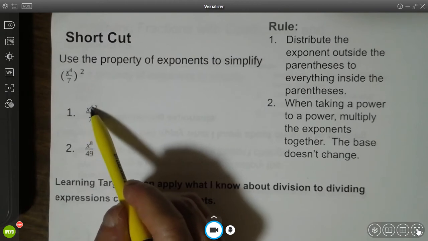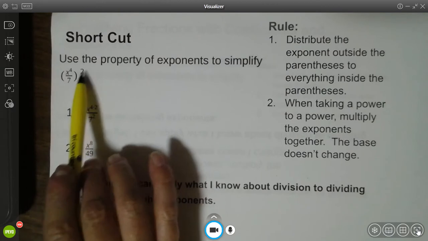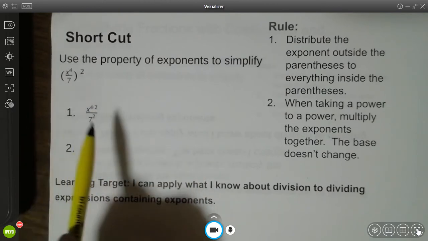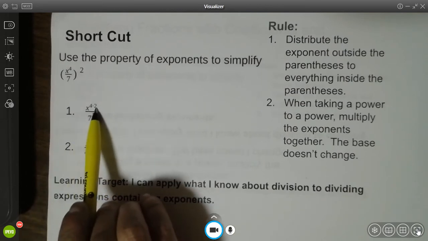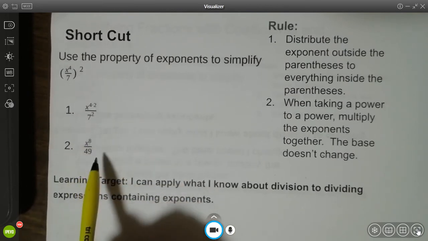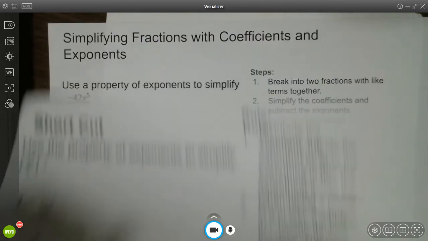So x to the 4 times 2. And again, do not forget, if you're squaring it, you have to do it to the denominator too. So 7 squared. And here we have 4 times 2 is x to the 8th over 49. Same answer as we got when we wrote it in expanded form and did it the long way. But just remember, power to a power, we multiply. And the other thing, if you do it to the numerator, you do it to the denominator.